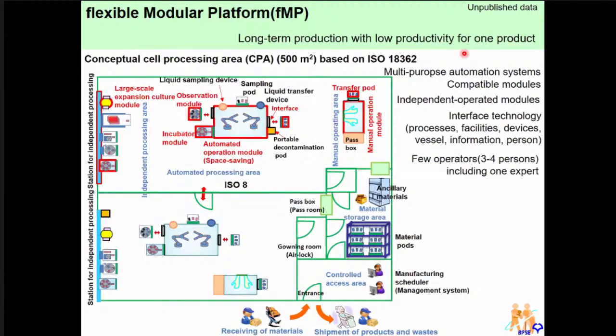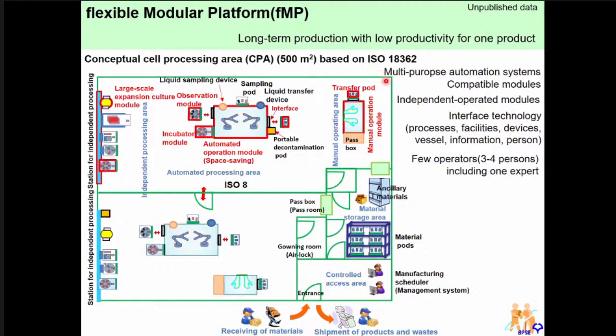And we propose a facility to use the isolated system. People can enter from here and gown to enter the room. So this is a room for the isolated system. This regulation is under ISO 18362, which we developed ourselves in the international standard.